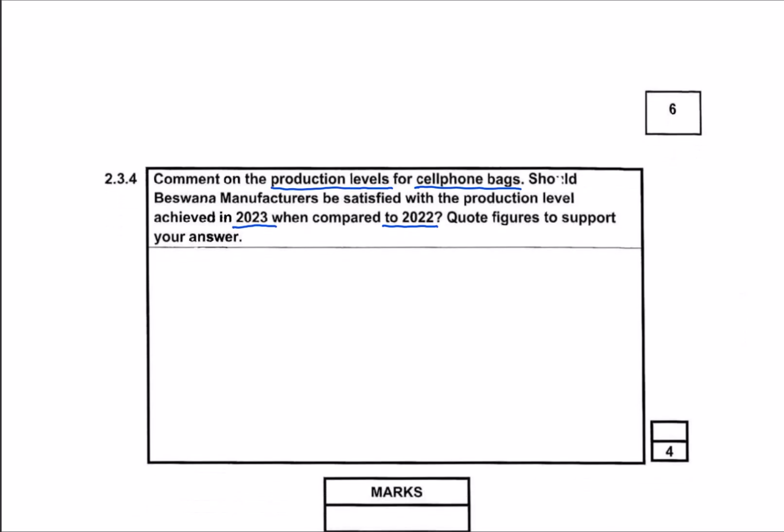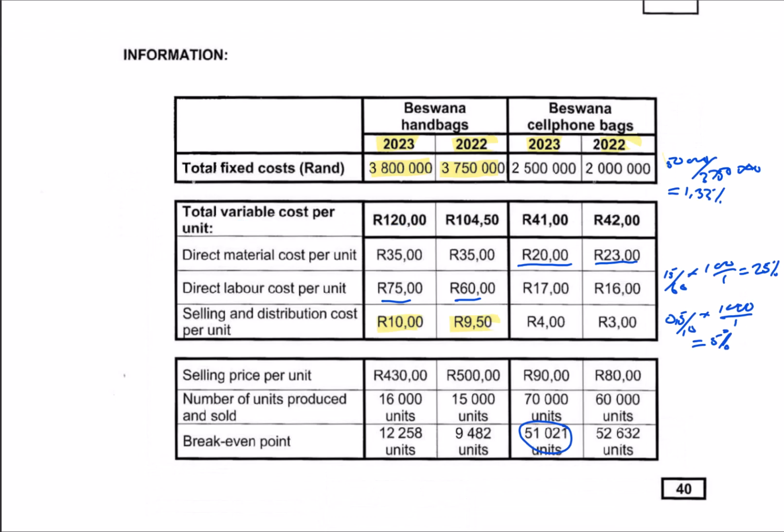Right, so if you open the question, in 2022, there were 60,000 units produced. In 2023, there were 70,000 units produced. So the next thing that you need to identify is whether it is viable to increase the units by 10,000, and if so, why?